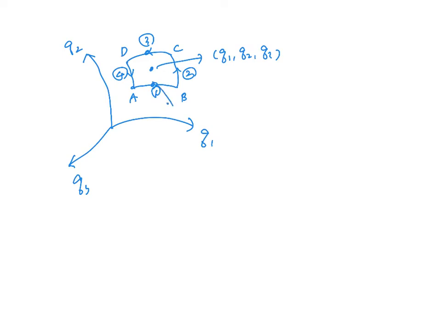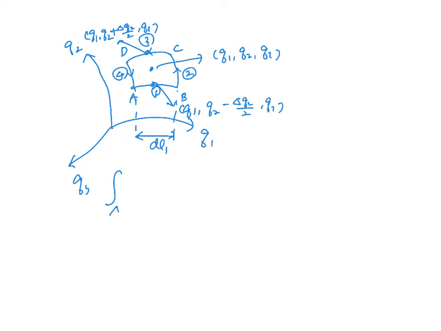This point will be q1, q2 minus delta q2 over 2, q3, and this point will be q1, q2 plus delta q2 over 2, q3. Let's start with 1 and 3. This distance is dl1, from A to B.